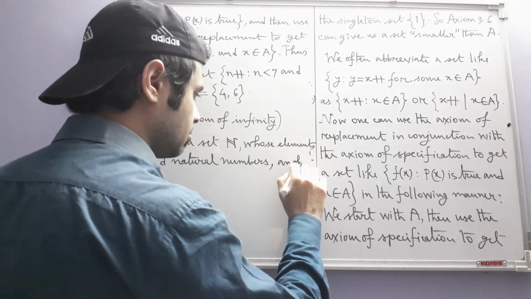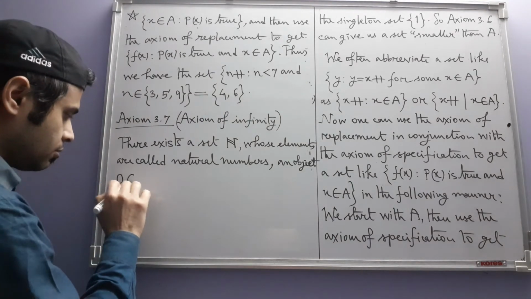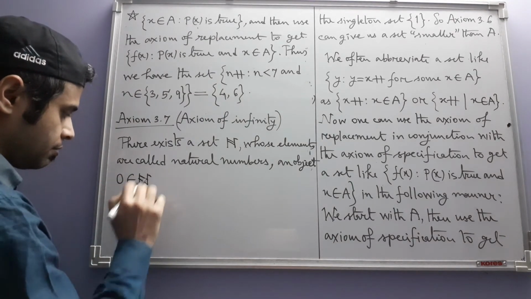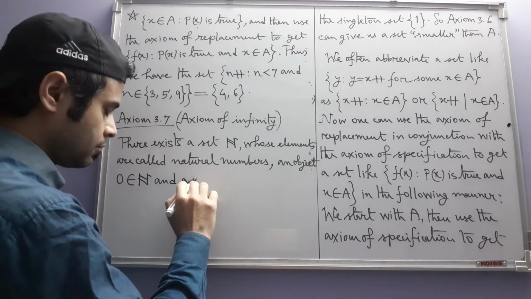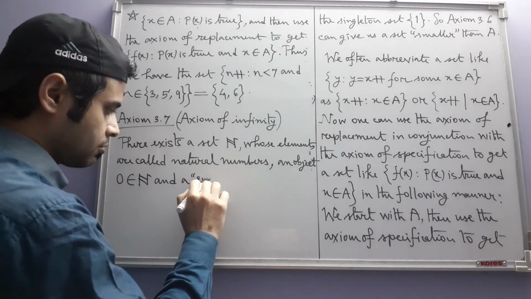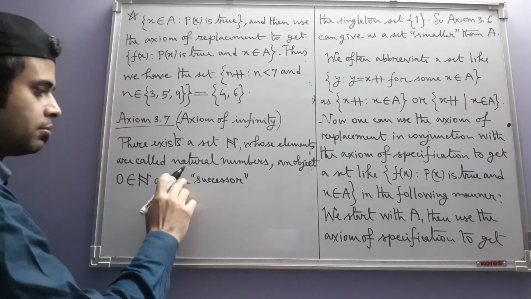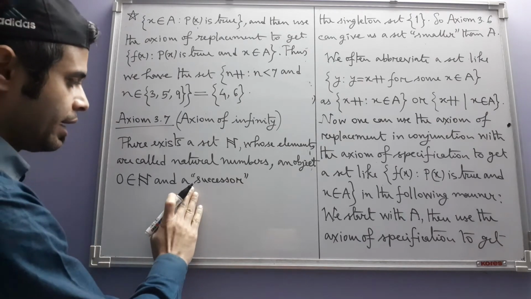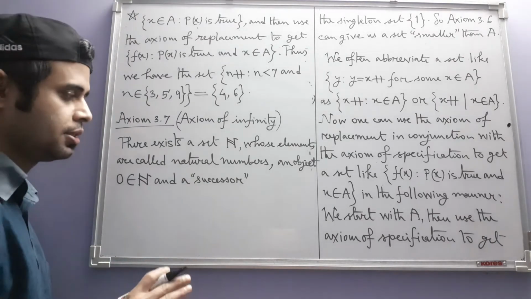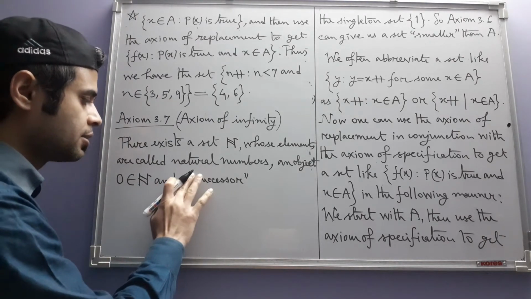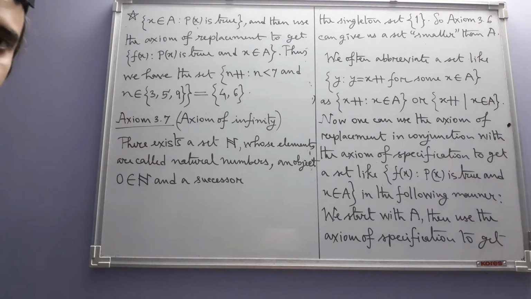An object 0 in N and a "successor". I am putting this within quotes because it has to be italicized, it's being defined, right? We have already defined those things, or we can just simply keep it like this because the Peano axioms will take care of it.